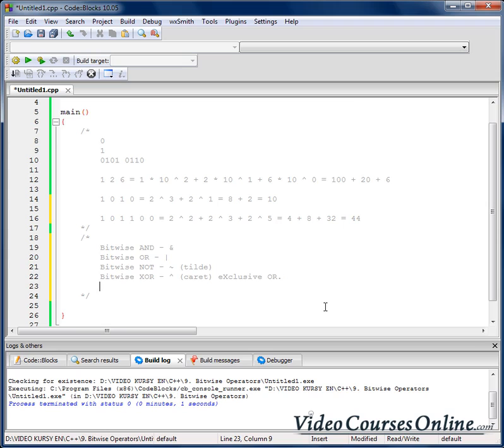So the table for XOR is 0, 0, which gives us 0 because we don't have any right alternative to choose, right?